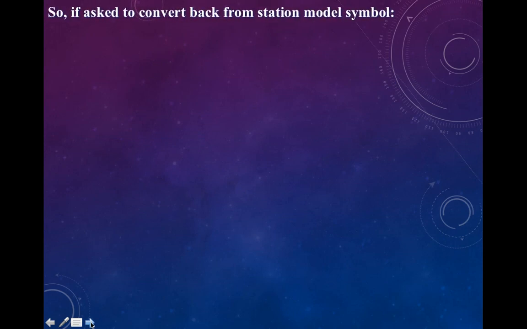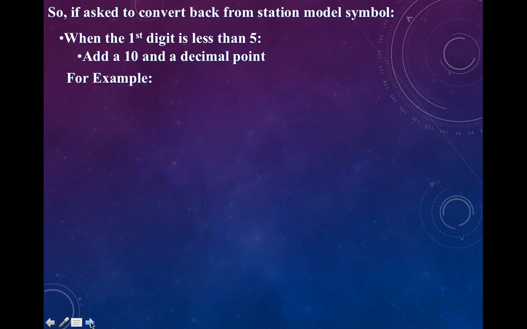Moving forward, what if we were given a number on the station model and we wanted to find the real air pressure? What we would have to do then is look at the first digit. So let's say we have a station model and it looks like this. All right, there's my station model. It says 253 as my air pressure.